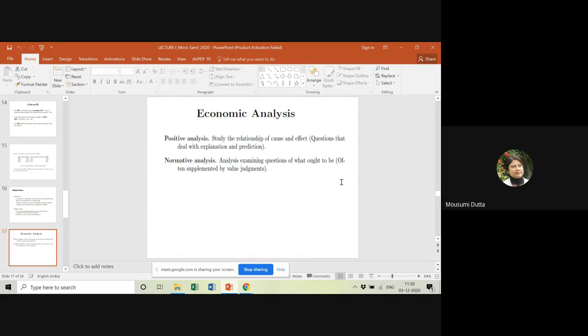All these ethics, philosophy, norms are there in the background because we are social elements. So normative analysis will help us to do that. Okay.